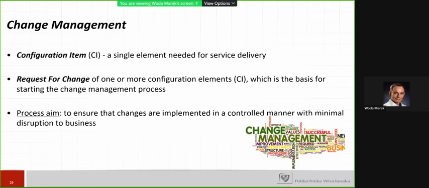Generally, the main idea behind change management is as follows: to implement all potential changes to processes in a controlled and documented manner that will not disrupt the ongoing processes that your company provides.